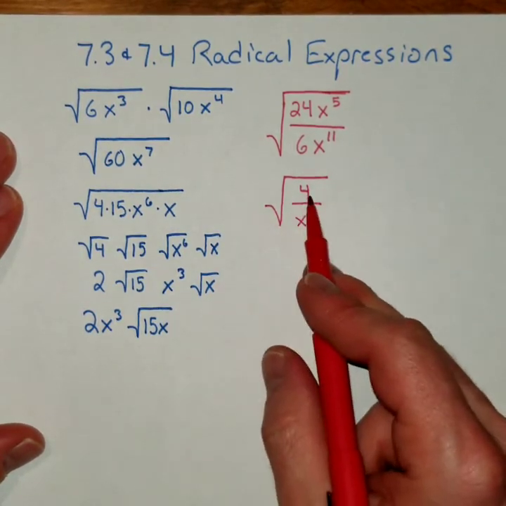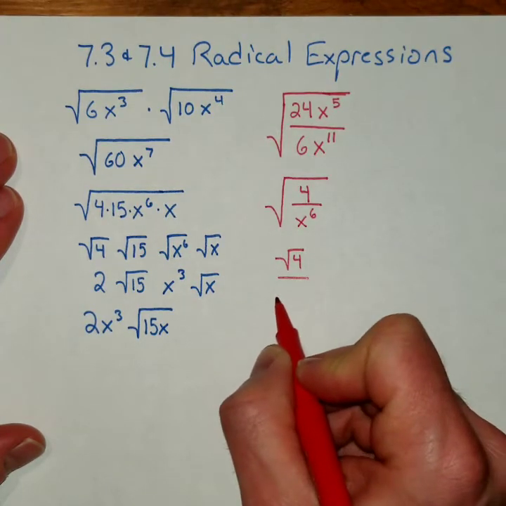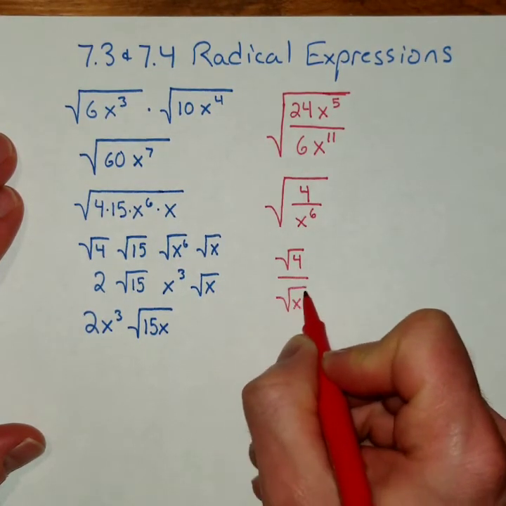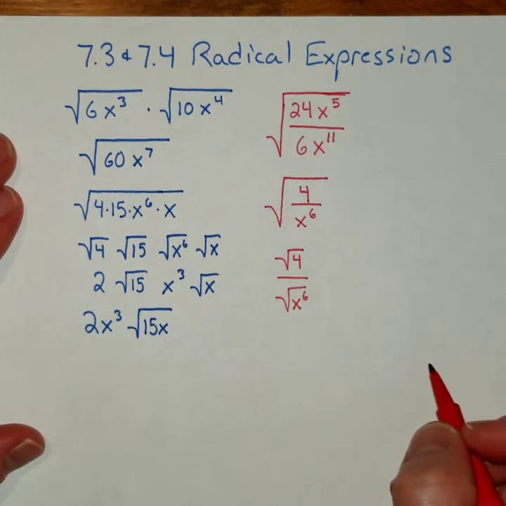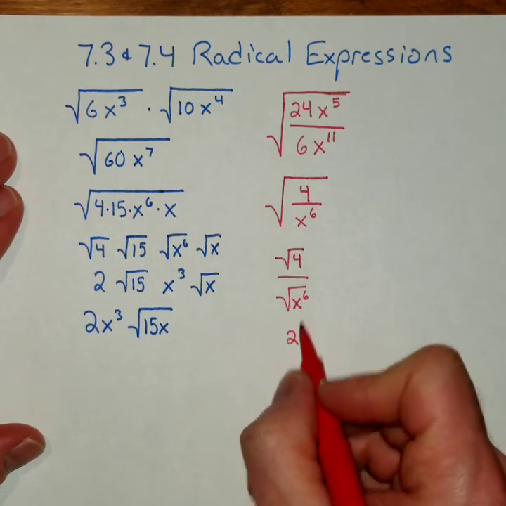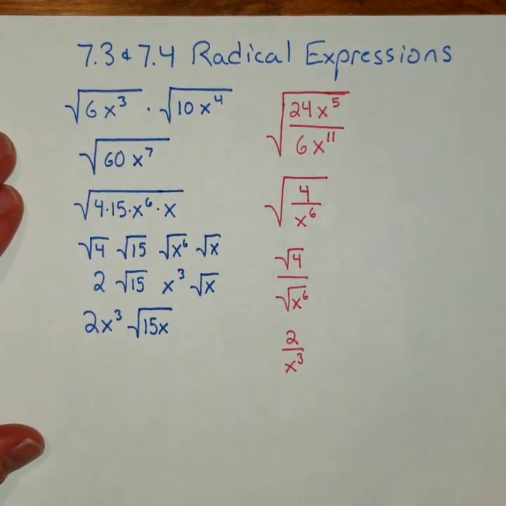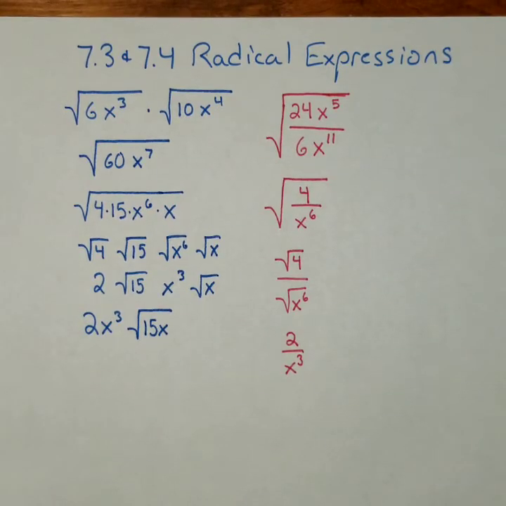And then you just split up the root to the top and the bottom. Square root of 4 over square root of x to the 6th. Each of those simplifies. Square root of 4 is 2, and the square root of x to the 6th is just x cubed on the bottom. Okay, that's pretty neat. That works out well.